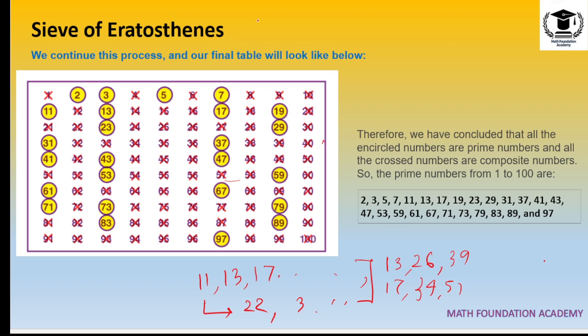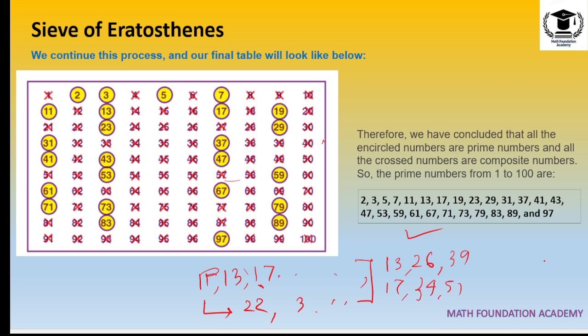And then the circles, the numbers which are left in the grid of the table, are basically the prime numbers. Finally, these many prime numbers are there between 1 and 100.